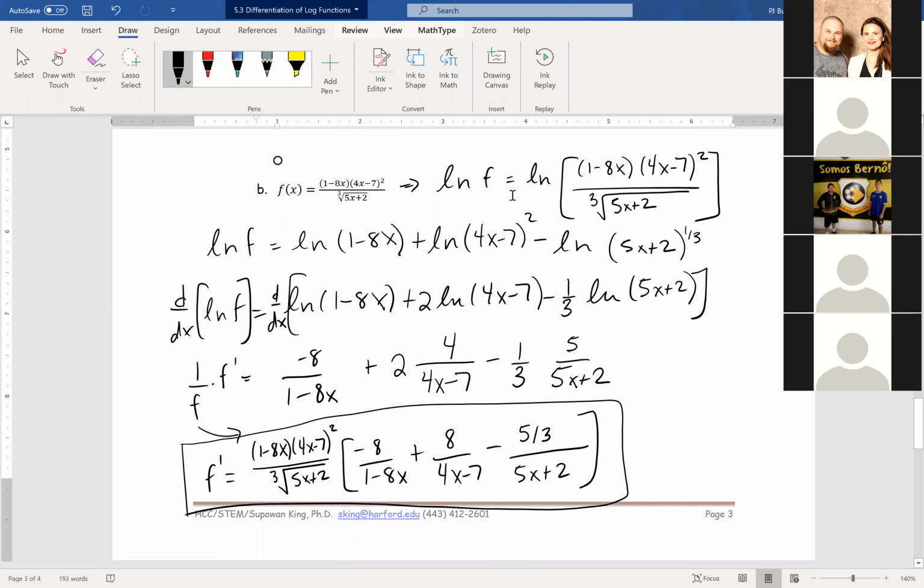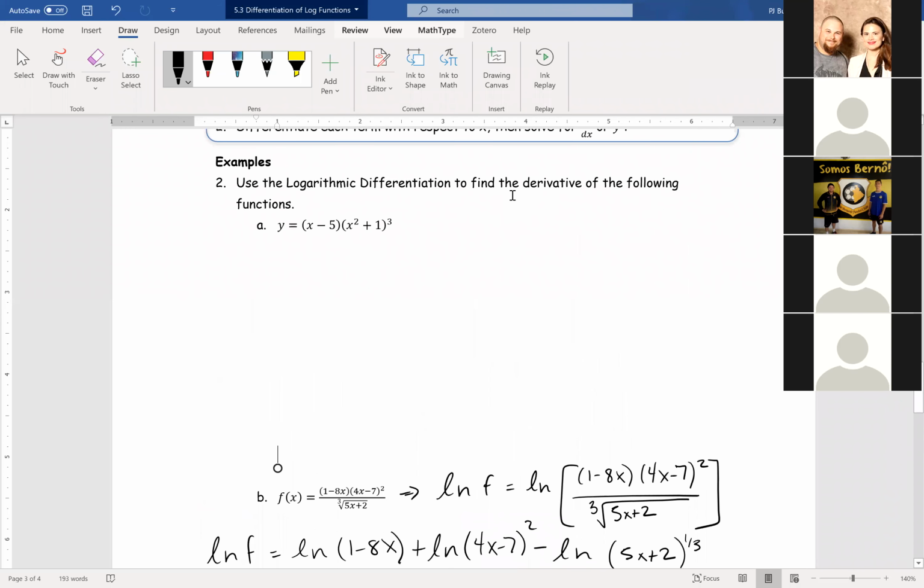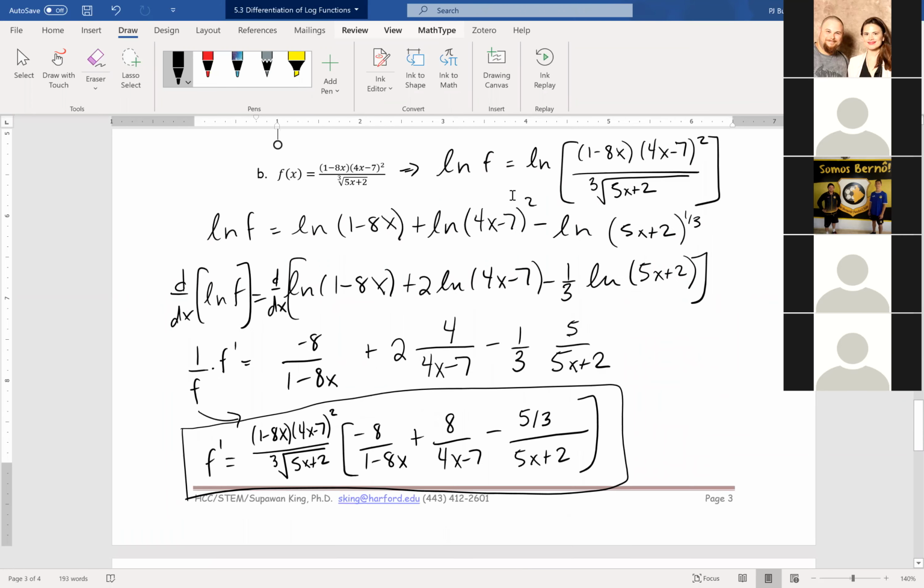But then you also get the derivative of the inside, which is f prime or df dx, whatever you want to call it. And the goal of the problem is to find f prime. So I just multiplied the other side of the equation by f and then plugged back in for f. Okay. If you go back and look at the other example we did, the exact same thing. Gotcha. Thank you.